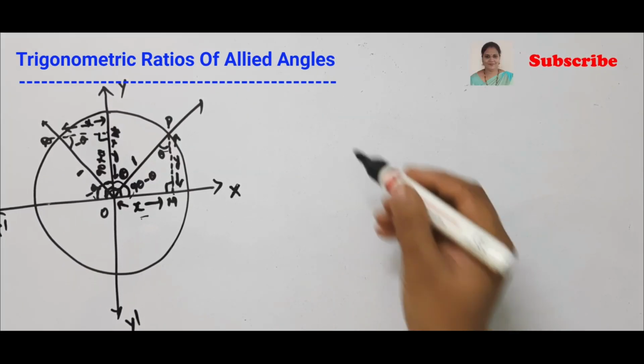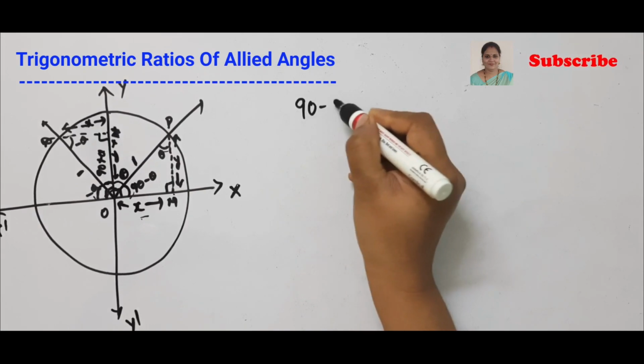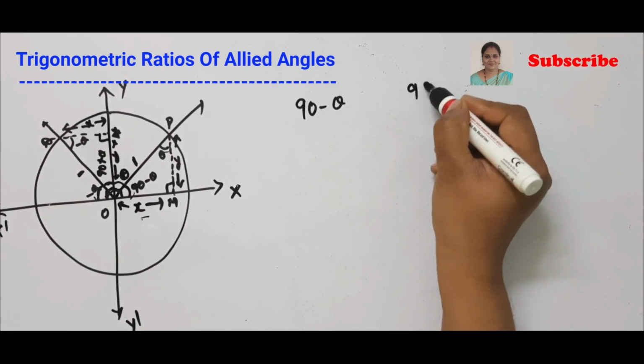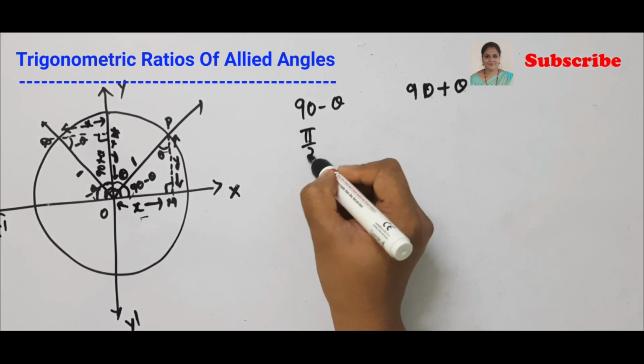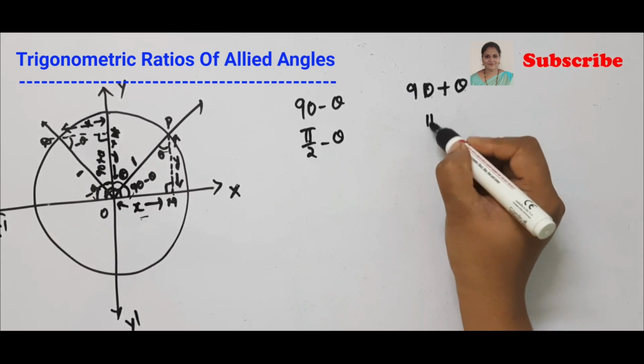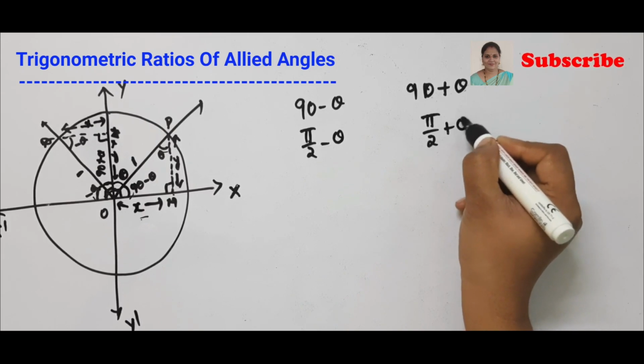This 90 minus theta, 90 plus theta, in radians we can write as pi by 2 minus theta, pi by 2 plus theta.